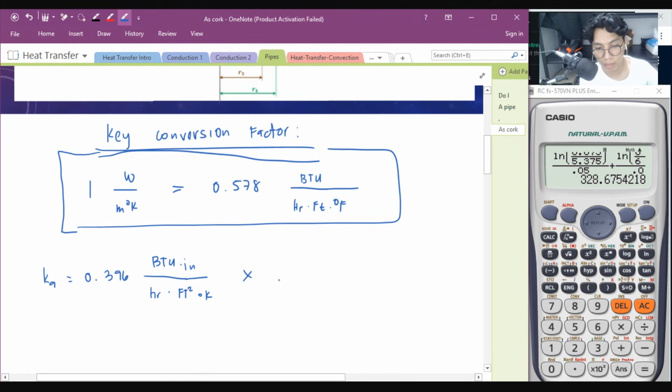Okay, convert ko to. Okay? So, 1 watt per meter degree Kelvin is equal to 0.578 BTU per hour feet degree Fahrenheit.